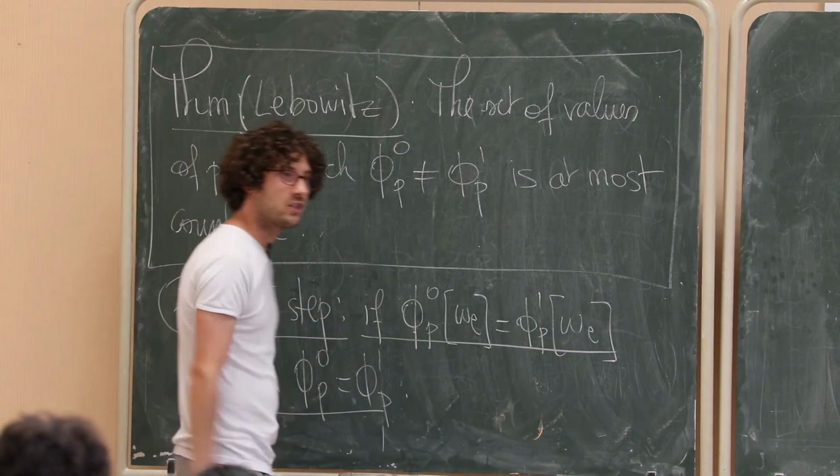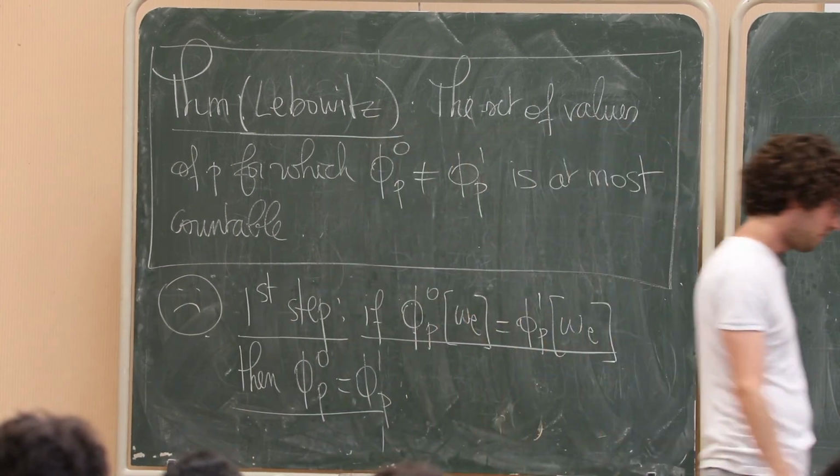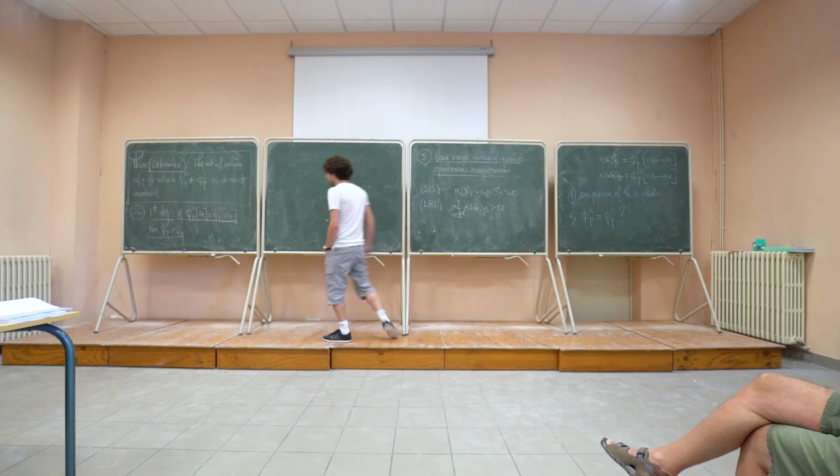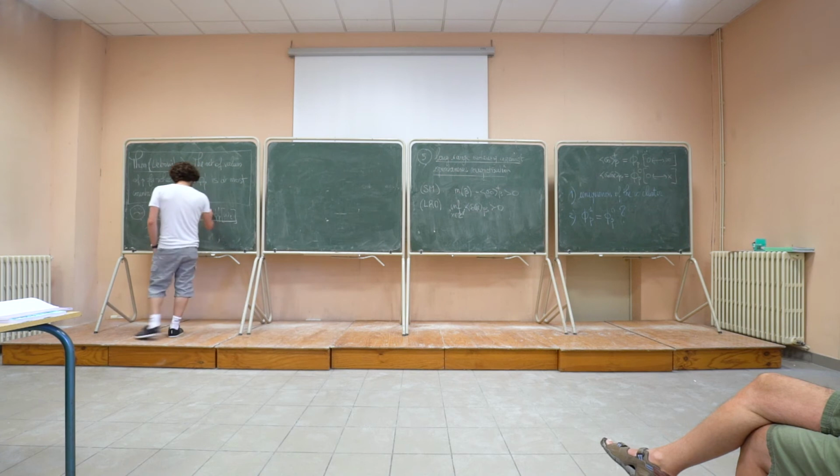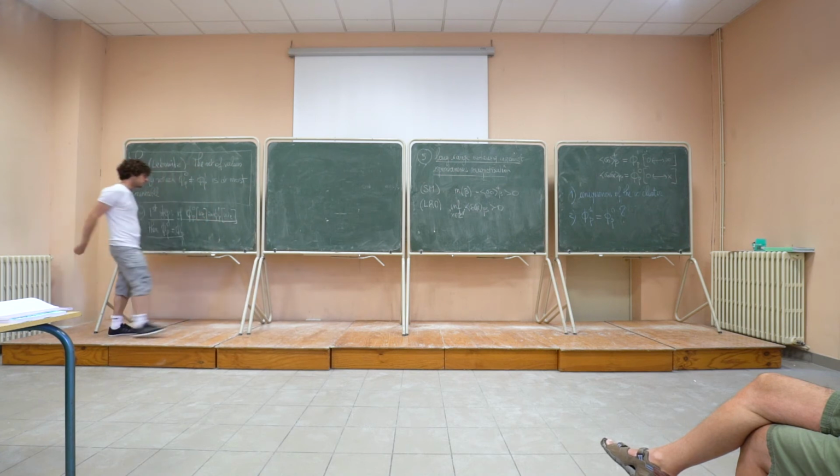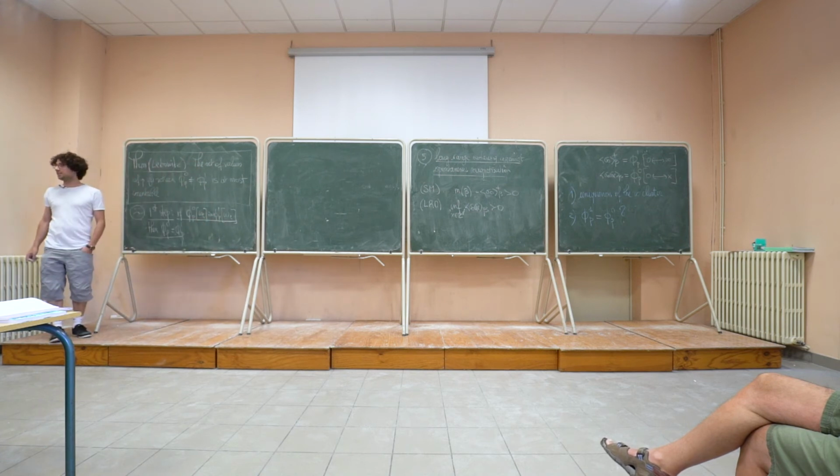So this is a sufficient condition to get the equality. And in fact here, you can even say if this is larger or equal to this, because the other inequality is trivial.